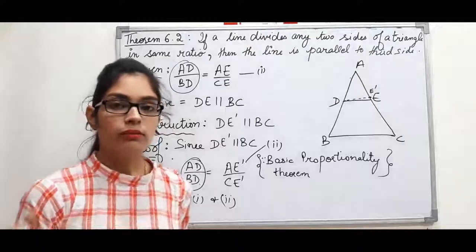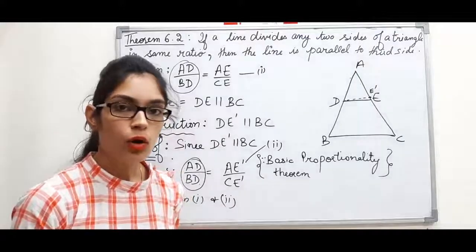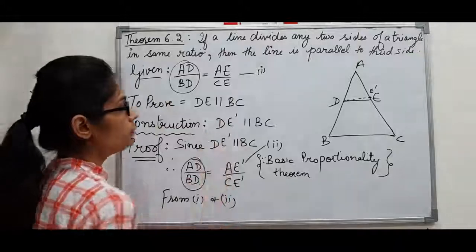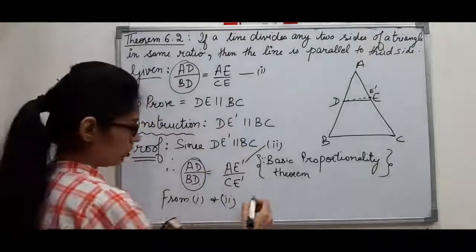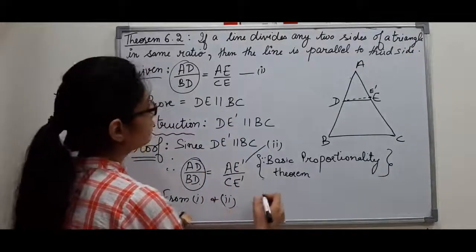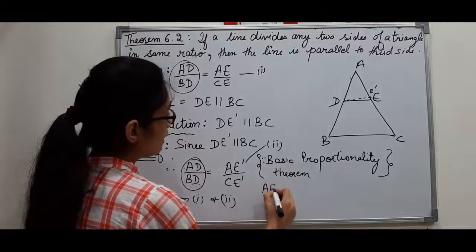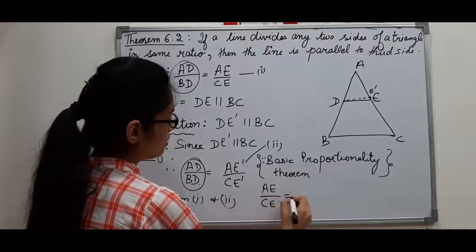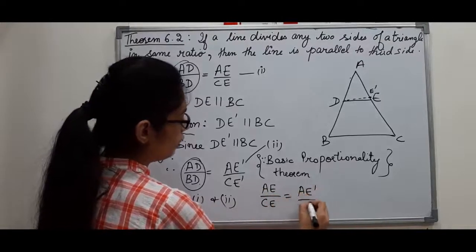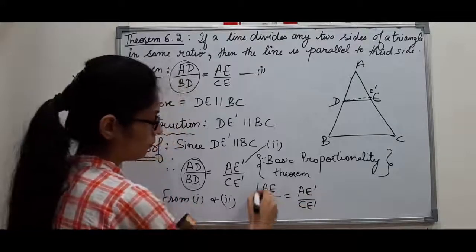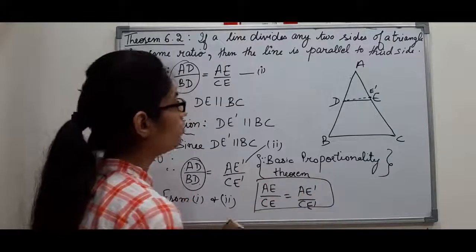So whenever two terms are equal to a common term, these two terms will be equal to each other. So I can write from first and second, AE upon CE is equal to AE dash upon CE dash. So this is the result which I have got.